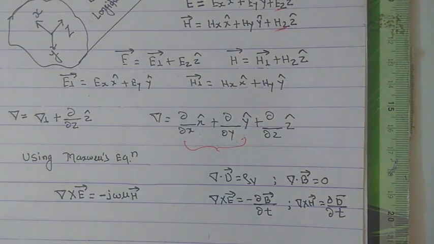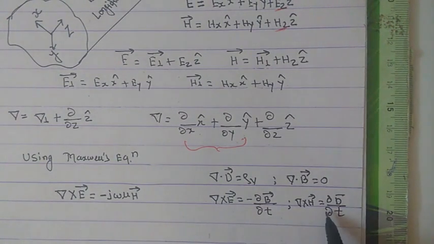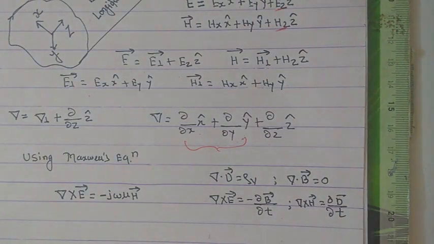If it is source free, there is no current density, so no total current, J is not there.